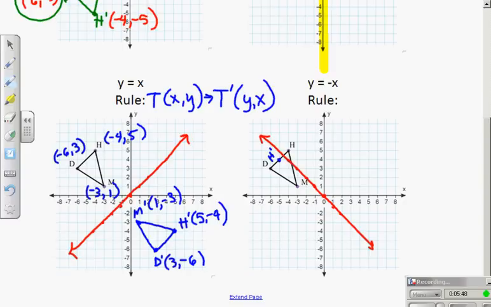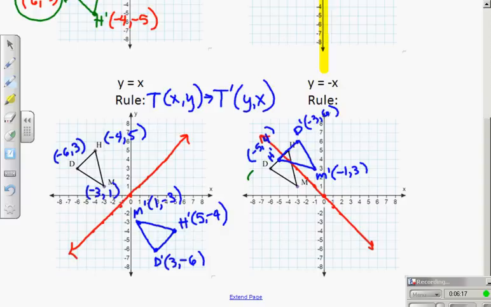And D is approximately 1 and a half diagonal units away, and it would end up here. And I'm going to tell you that your coordinates of D prime, H prime, and M prime, here's M prime, and that's at negative 1, 3.